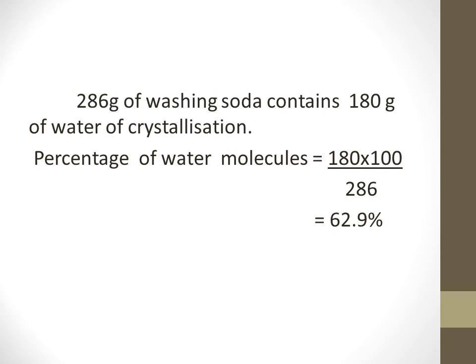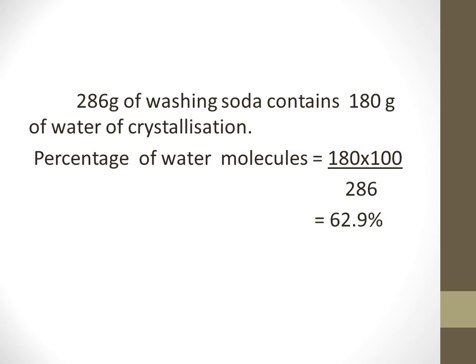So, we can say that 286 grams of washing soda contains 180 grams of water of crystallization, or simply water molecules. Therefore, what will be the percentage of water molecules? Percentage of water molecules is equal to 180, that is the total amount of water molecules present in washing soda crystal, into 100 divided by 286. 286 is the molecular mass of washing soda.